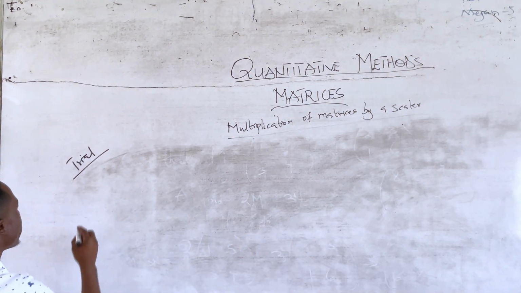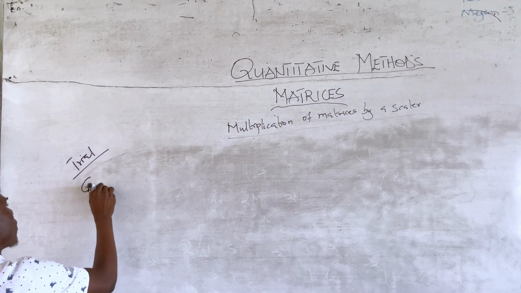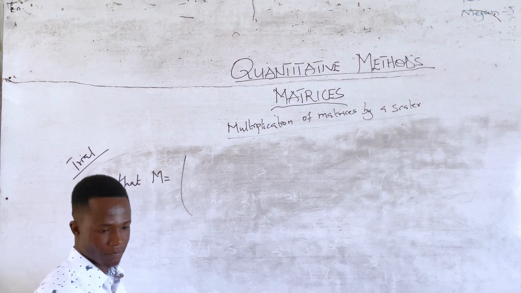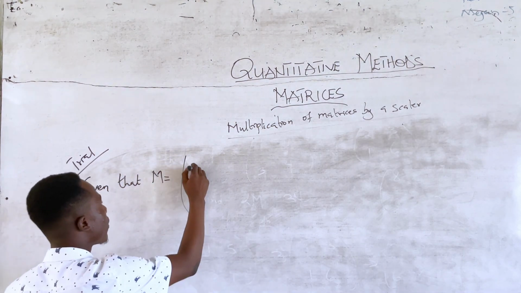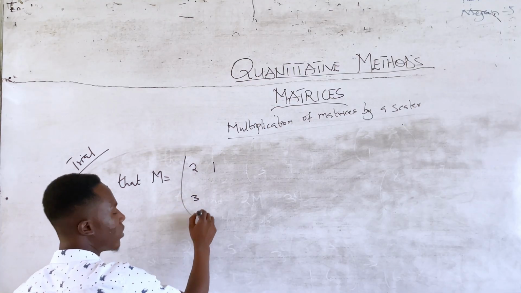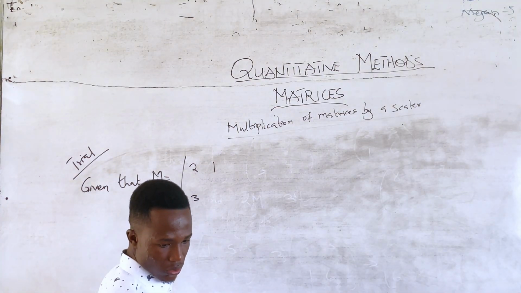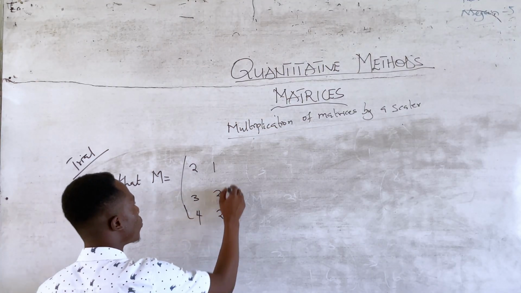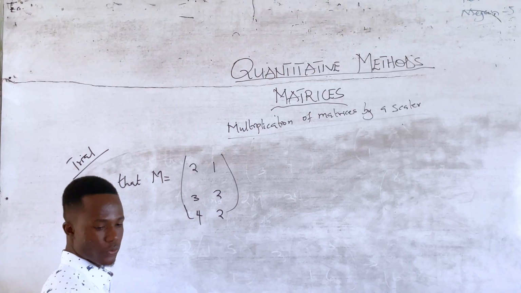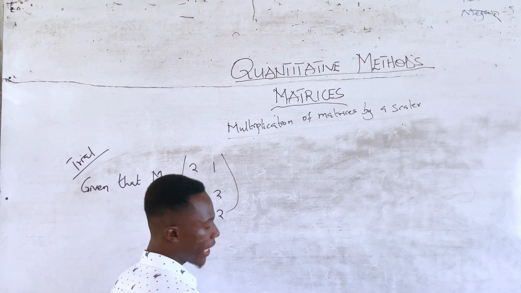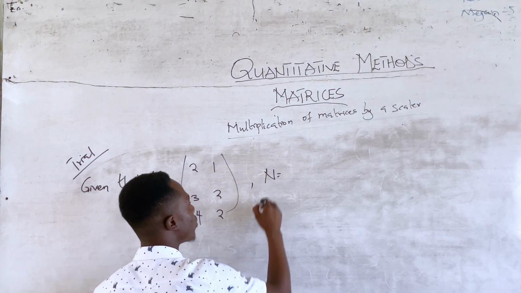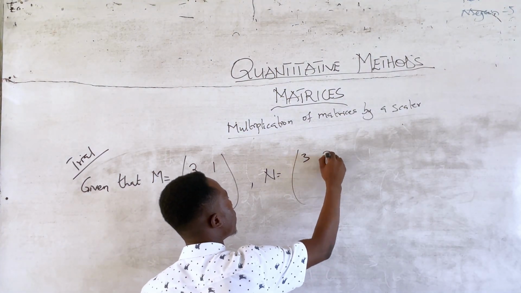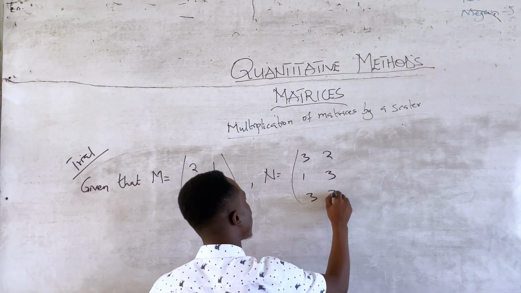Given that M equals 2, 1, 3, 2 and 4, 2, 3, 2 4 2, then you have N, so N equals 3, 2, 1, 3, 3, 3.